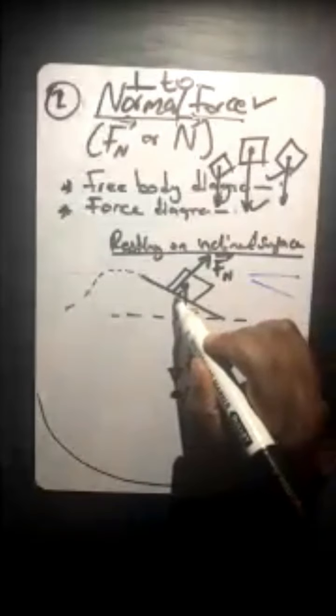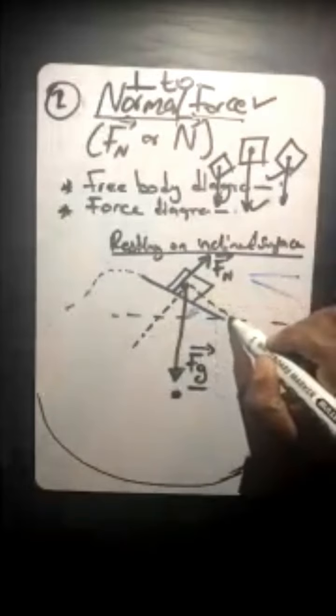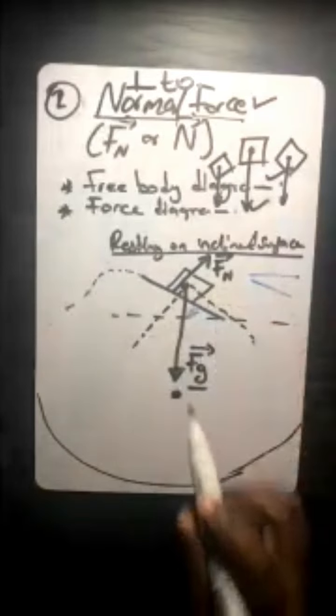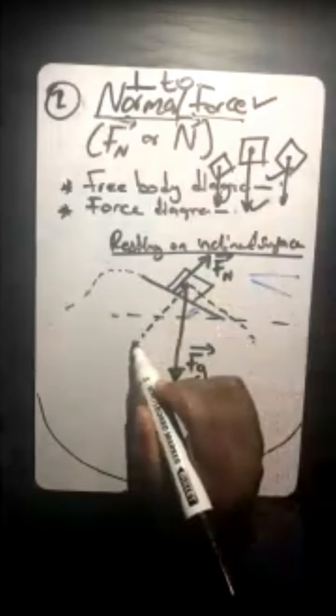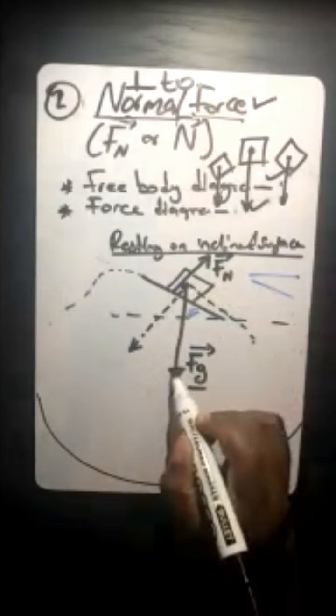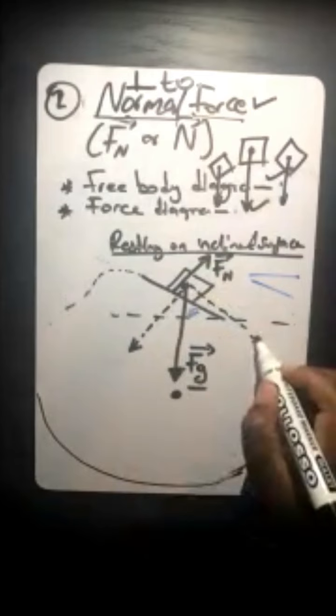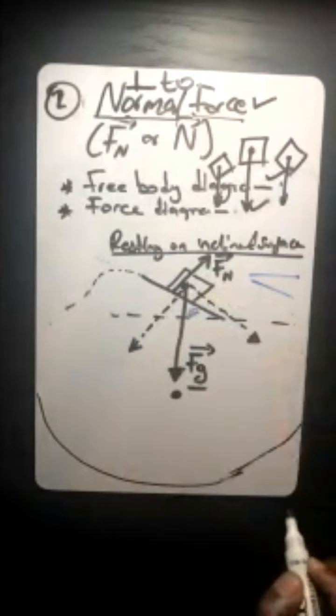This is going to be the vertical component, and this is going to be the horizontal component. The vertical component is going to be in the downwards direction, because force of gravity is in the downwards direction.